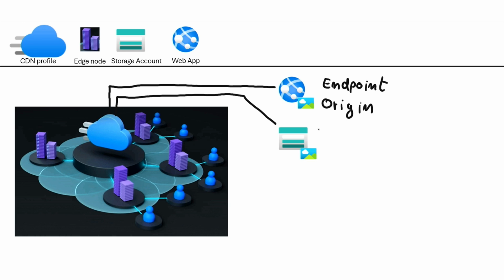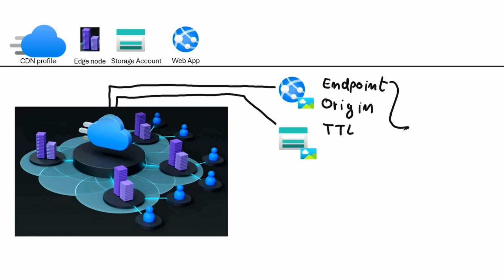This is done by defining a time to live, a TTL, because the time to live determines when a file is going to be loaded into the cache or refreshed into cache and made available to the users. As long as the time to live is active, the data will be provided to the user out of the edge node locations.